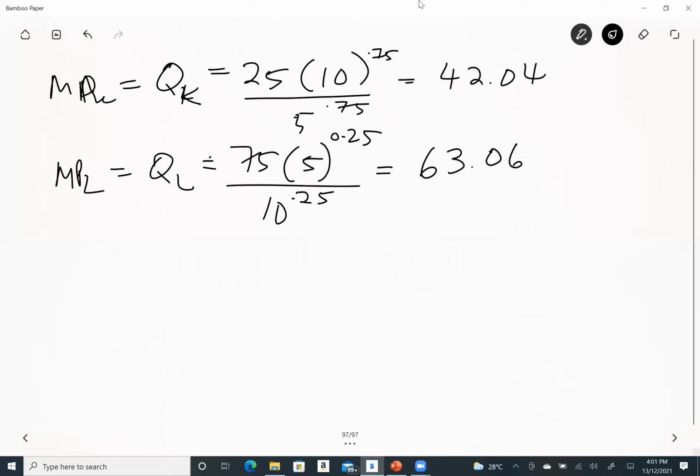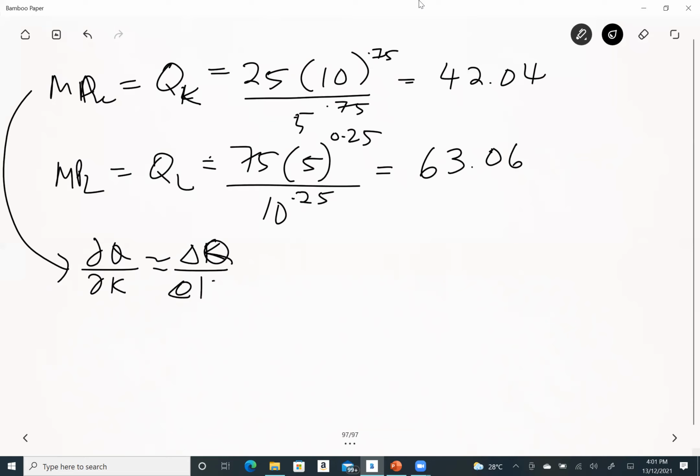Okay, the marginal productivity. Marginal product of capital, marginal product of labor, like I said earlier, when you want to explain it, we think of it as just the basic slope. MPK, meaning QK, that is delta Q over delta K, just for a linear function.